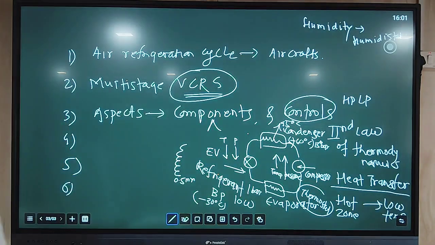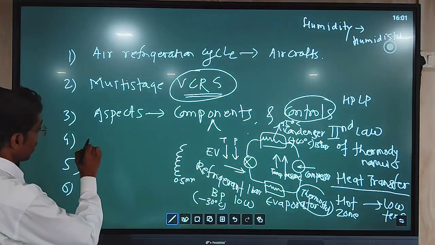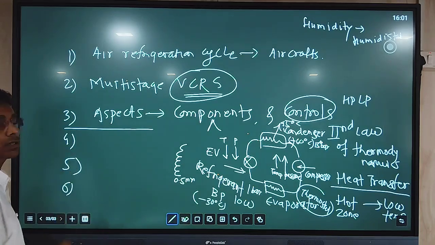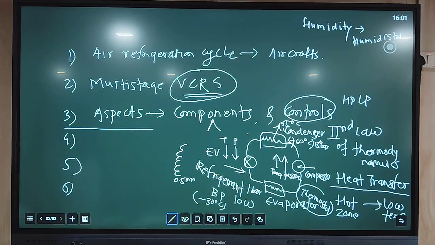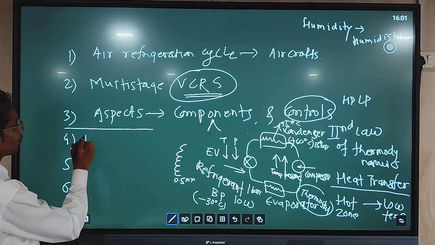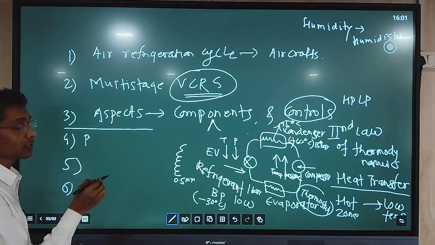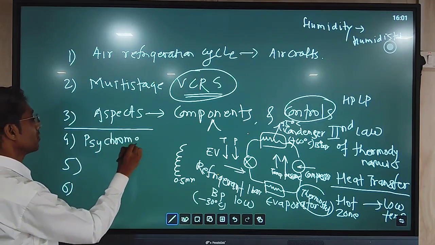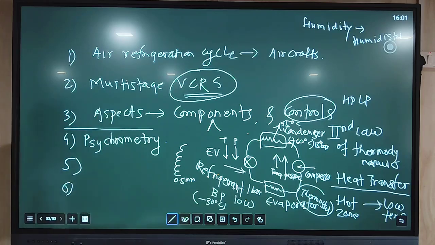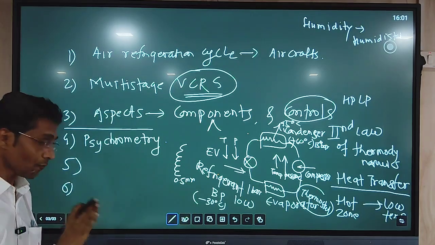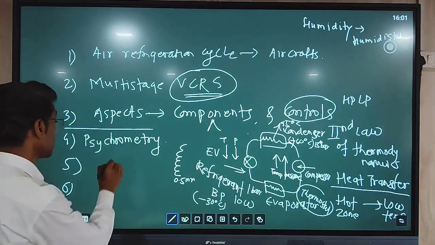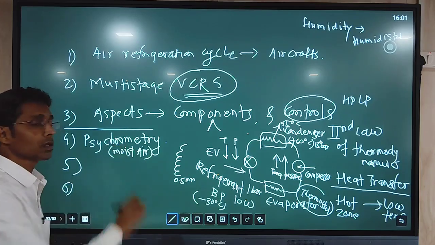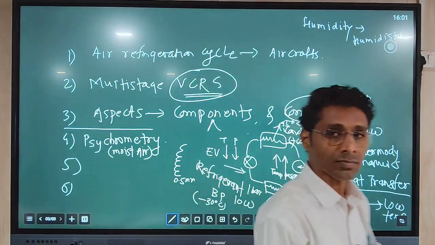So that is the third chapter, or third unit. Next to this, the fourth, fifth and sixth, these three are on air conditioning. In air conditioning, we need to study air properties. So what is that? Psychrometry. Psychrometry is the science where the study of moisture is done, because air on the earth contains moisture.